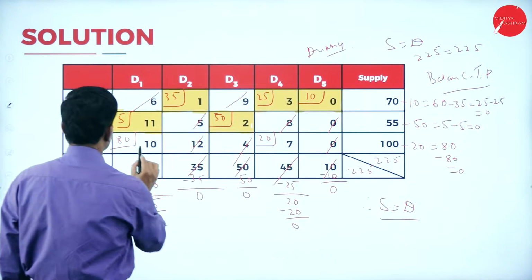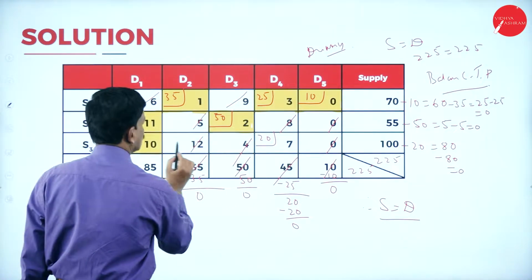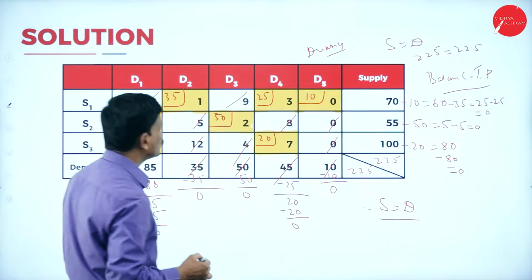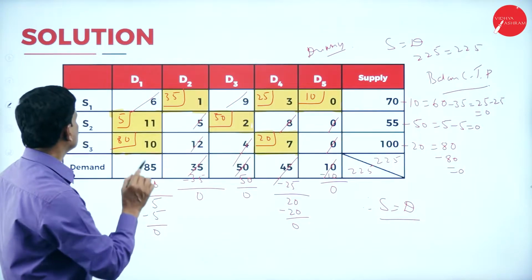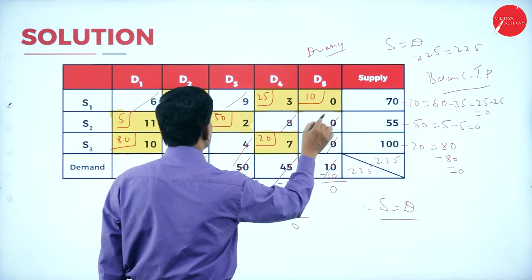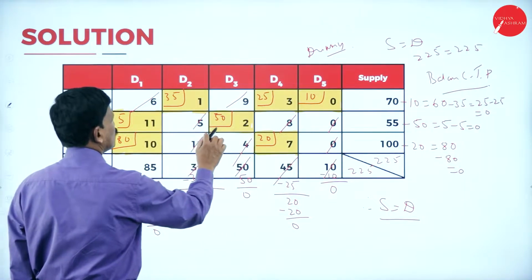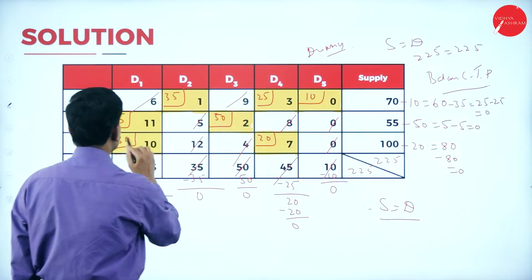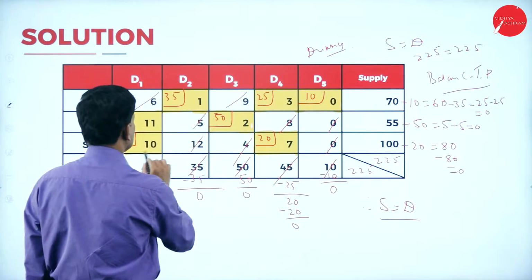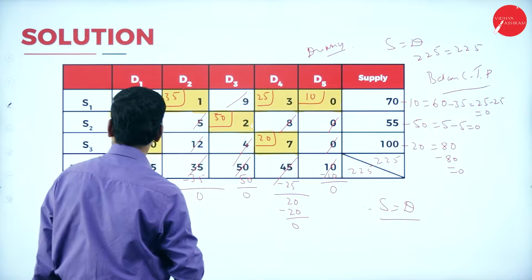Then 80 into 10. Then 20 into 7. These are the values. Anything else? Any other allocation? That's it. So 35 into 1, 25 into 3, 10 into 0, 5 into 11 plus 50 into 2, plus 80 into 10 plus 20 into 7. We have 7 allocations.